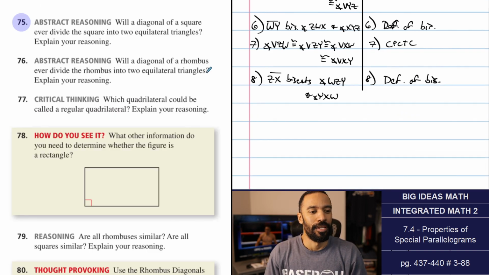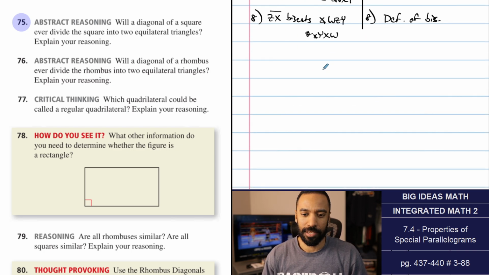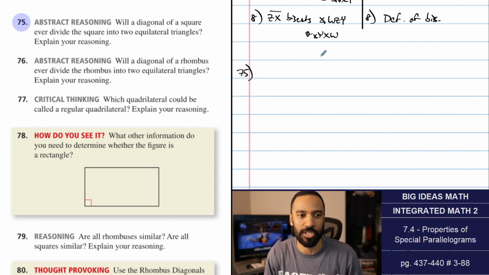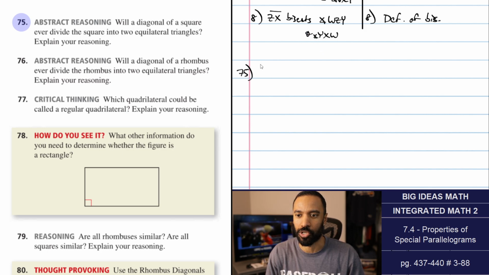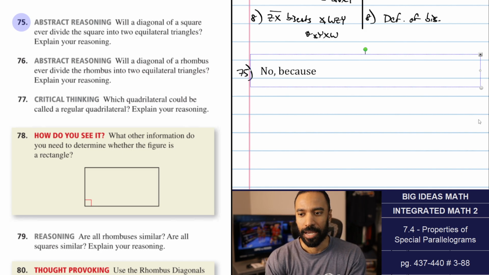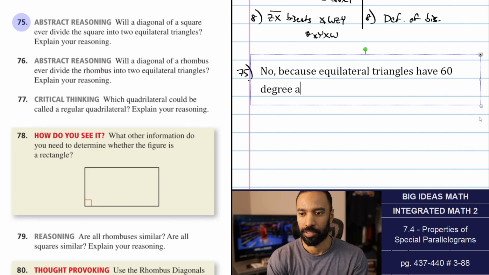All right. Numbers, okay, no proofs here. So number 70, and I know I have to do the proofs of the corollaries later. 75, abstract reasoning. Will a diagonal of a square ever just divide the square into two equilateral triangles? Explain your reasoning. Okay, quick answer. No, because equilateral triangles have 60-degree angles.